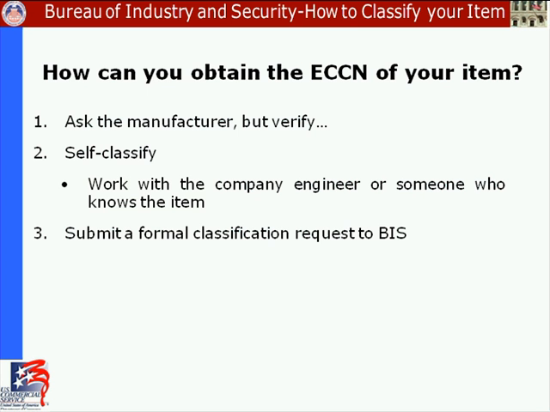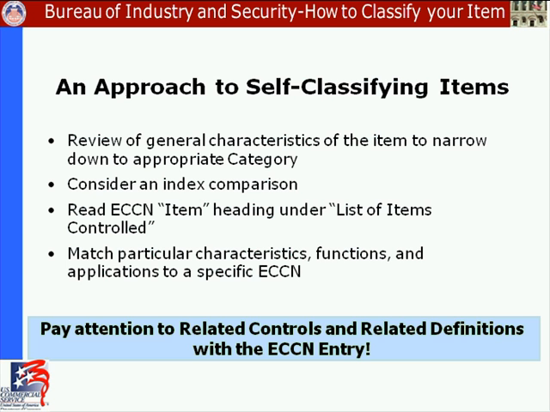Okay, self-classification. First, I believe the first thing you have to know is the application of your product. For example, you know your product is used for aircraft. So most likely you check Category 9, aerospace. You don't check Category 2, general industry equipment.